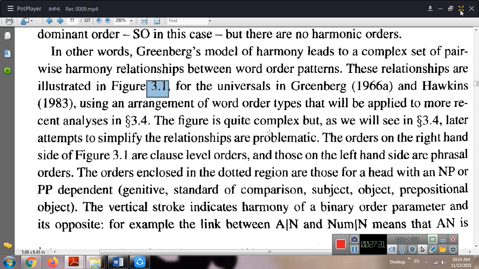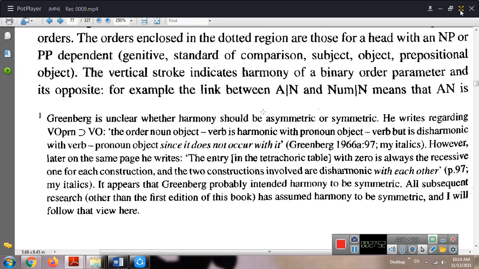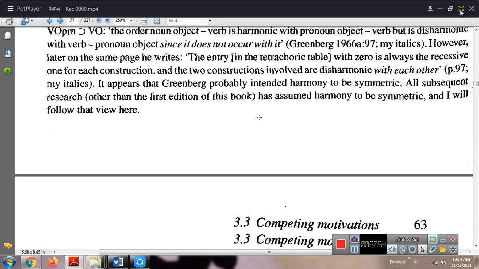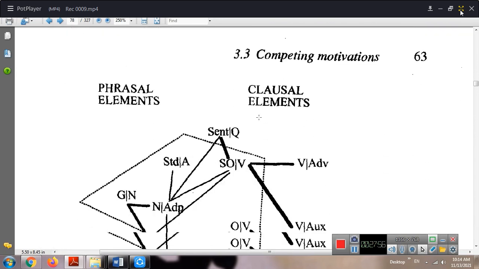The figure is quite complex, but as we will see in that figure, later attempts to simplify the relationships are problematic. The orders on the right-hand side of the figure are clausal level orders, and those on the left-hand side are phrasal orders, like here. I will try to mention them based on the figure.